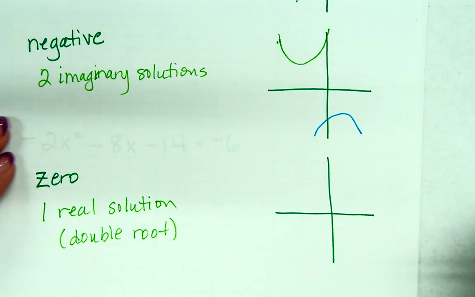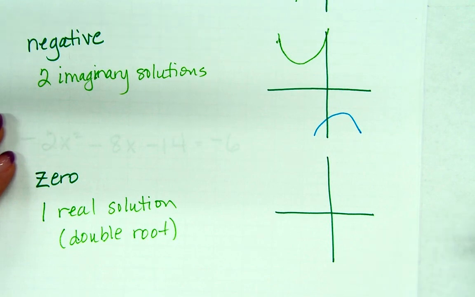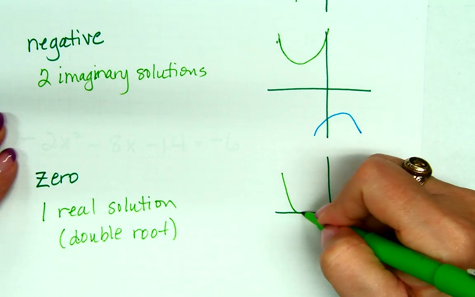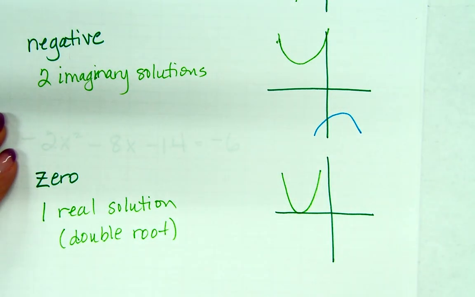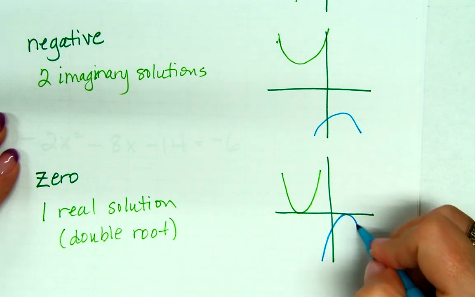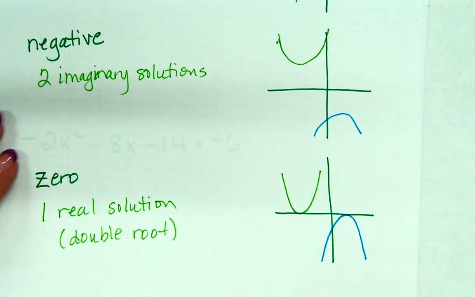What does the graph look like? How many times does it cross the x-axis? Once. And how does that happen? Like that? Or like this? The vertex is what touches, right?